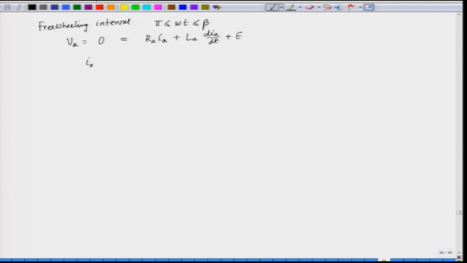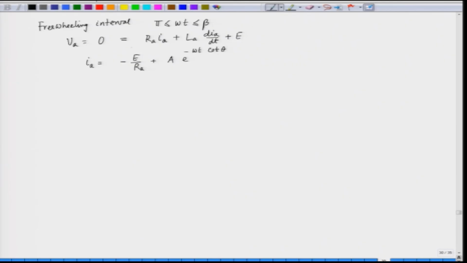So, what is this solution? I_A is equal to, the steady state is minus E by R_A, the transient part is some constant A exponential of minus omega t cot theta.